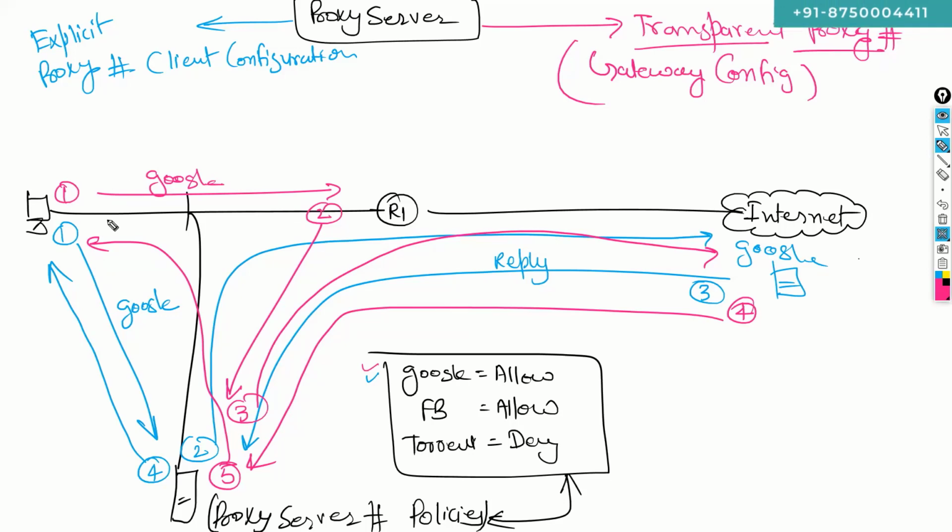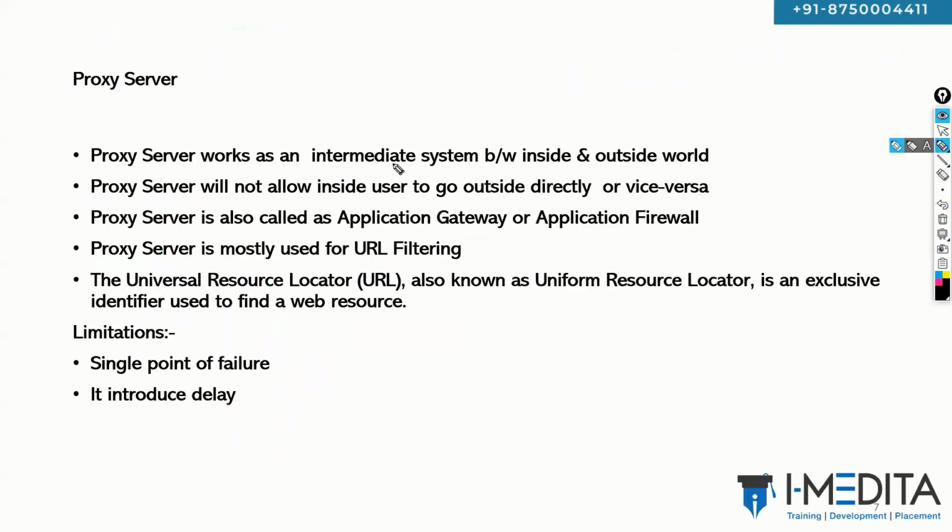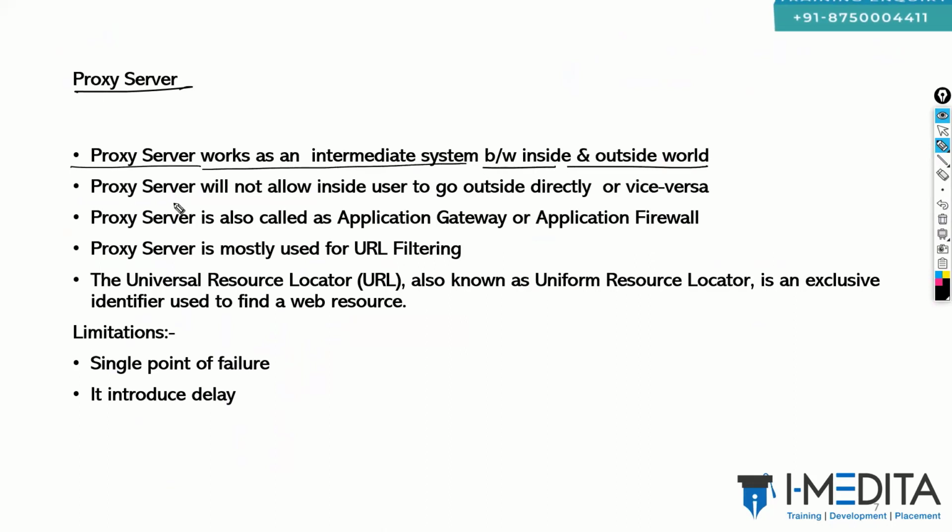Now you can see here either you are using explicit or transparent, request will go to proxy, either client will send or gateway will send. Clear? Okay. So same thing is mentioned here. The proxy server works as an intermediate system between inside and outside world.